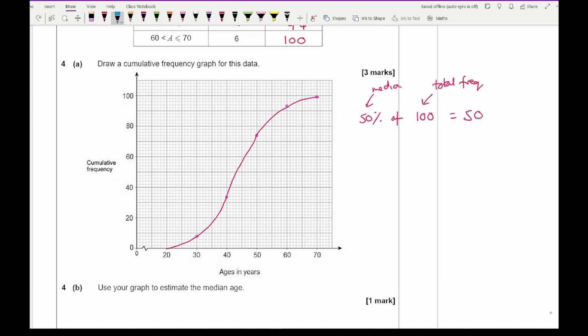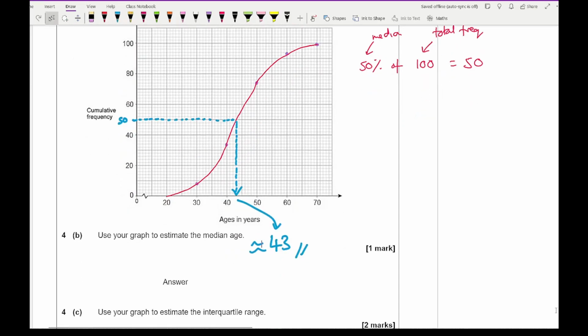So at 50, which is this point here, I draw a horizontal line, and whatever number this is, and again yours might be slightly different to mine, I make out that number to be roughly about 43. Whatever number this is, that's the number that you quote. And again, do not forget to draw your lines.